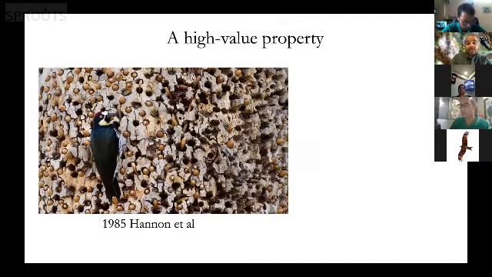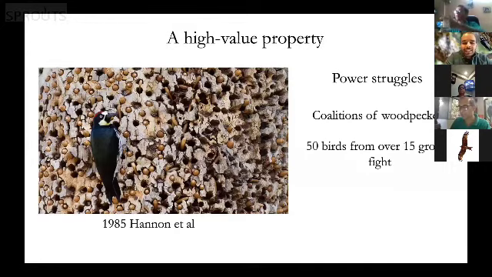A power struggle is one of the most complicated and socially complex animal behaviors in the world. What that means is that coalitions of woodpeckers, 3 or 4 birds from different social groups, come and fight one another until one group beats all other groups. So it's a multi-way physical conflict.